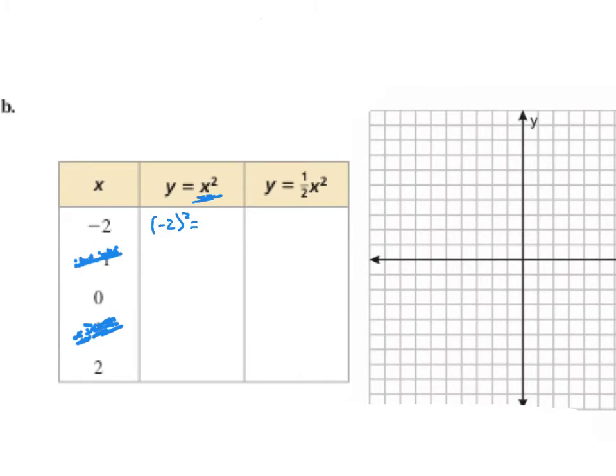What's 0 squared? 0. And then last we have 2 squared, which is 4. Good job. So we know this graph is going to be U-shaped because it's x squared, so this means it's quadratic, so it's going to look like a parabola.